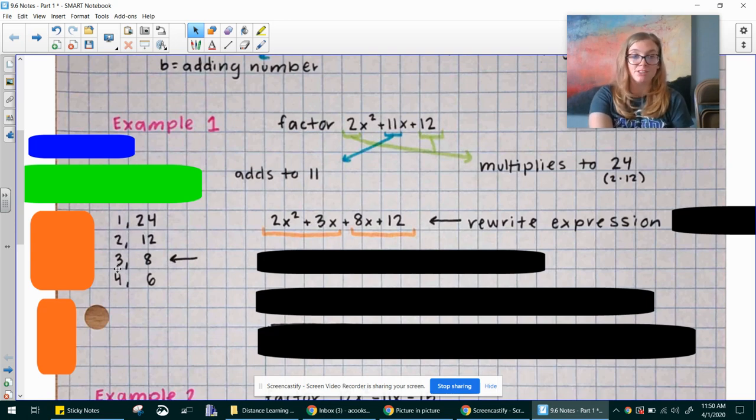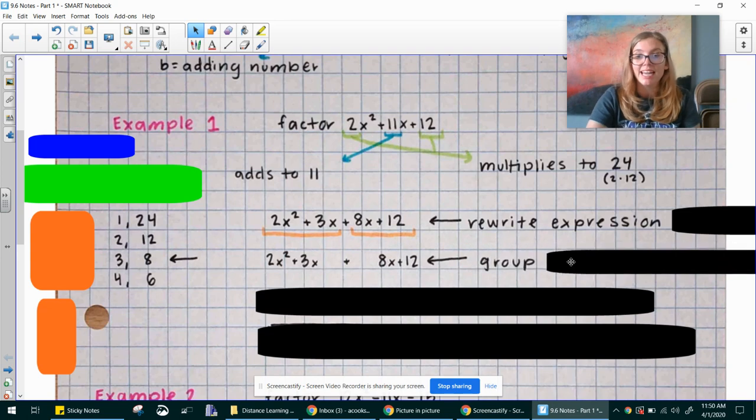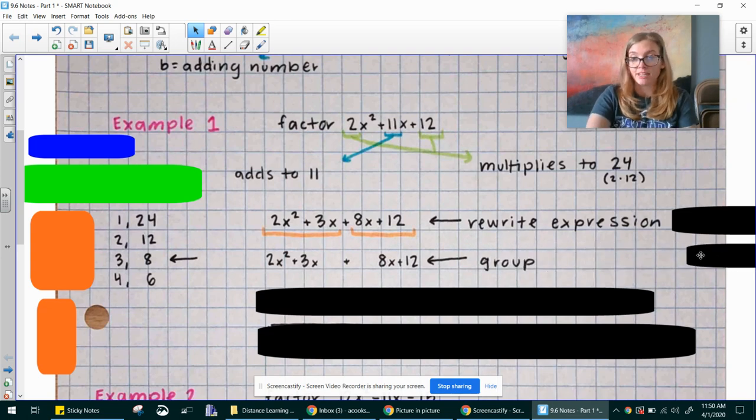These are our magic numbers that multiplied to 24 and added to 11. Once I rewrite my expression, I'm going to take that expression and group it. It's called factoring by grouping, into two groups. The first two terms are going to go in the first group, and the last two terms are going to go in the last group.